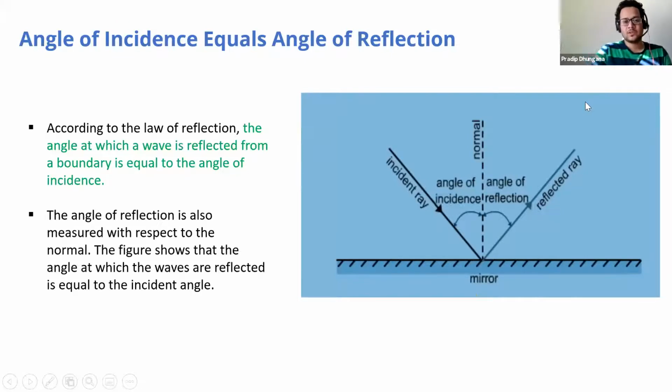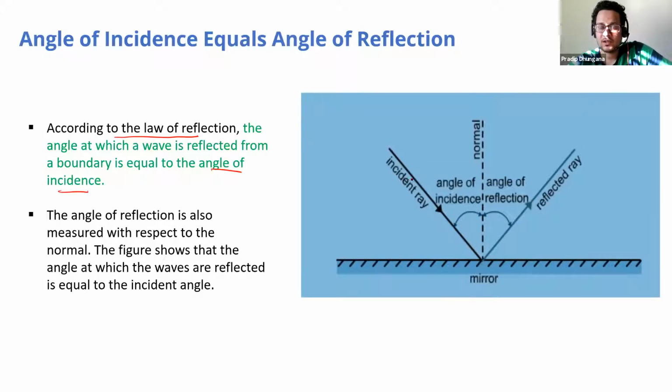Now let's talk about the law of reflection, and what will happen with the angle of incidence and the angle of reflection. According to the law of reflection, the angle at which a wave is reflected from a boundary is equal to the angle of incidence. So if we have a mirror, and this is the incident ray, when that incident ray strikes the surface of the mirror, it's reflected.